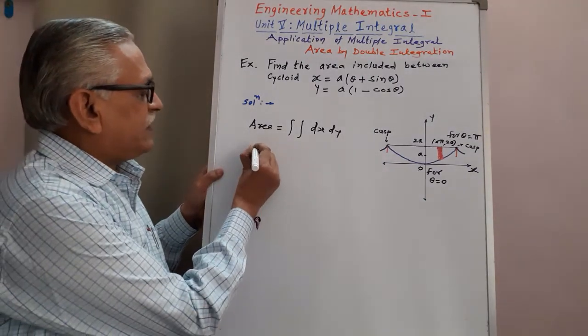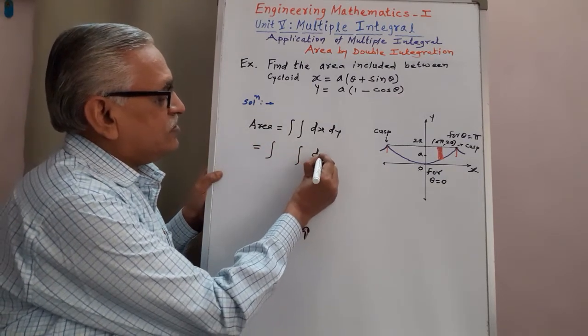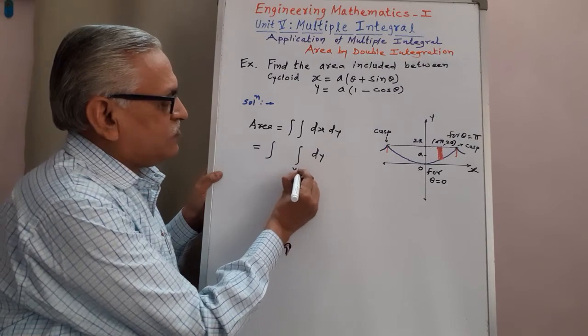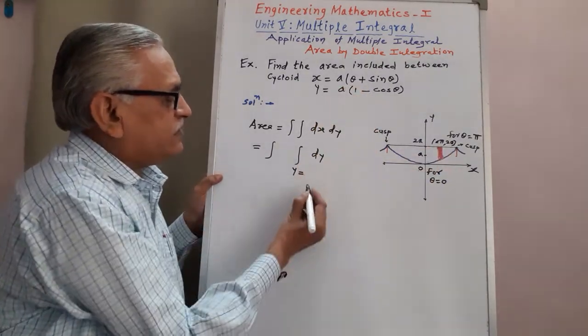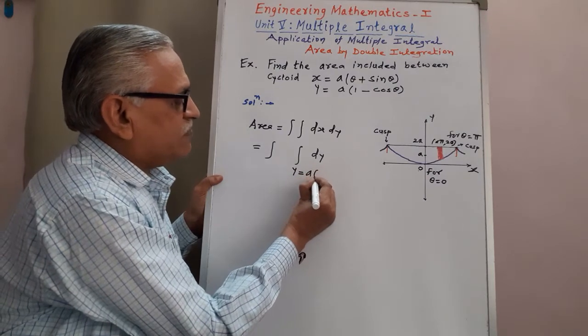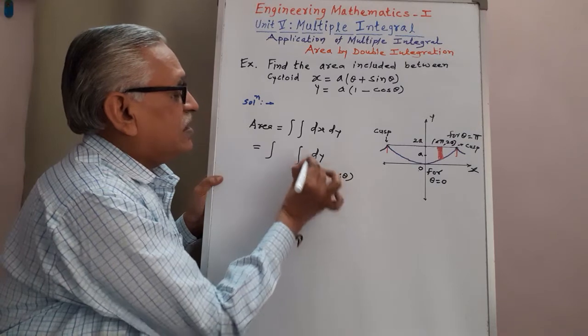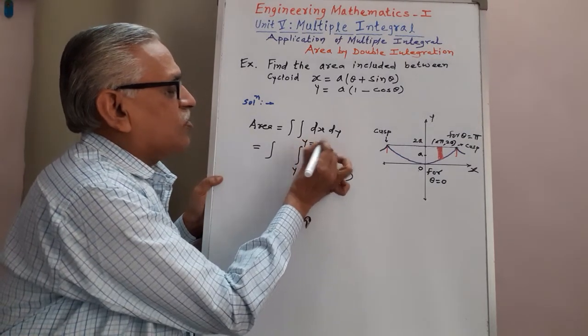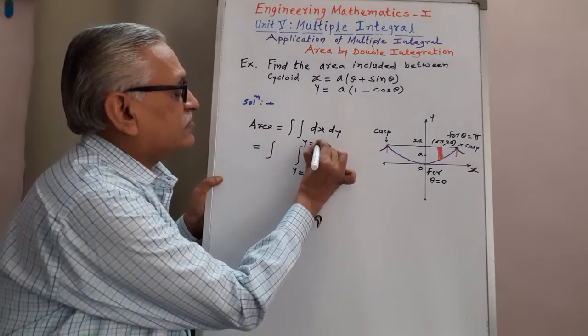Therefore, the area equals the double integration of dy between the limits: the lower end lies on the curve where y is a into (1 minus cos theta), and the upper end lies on the line y equals 2a.